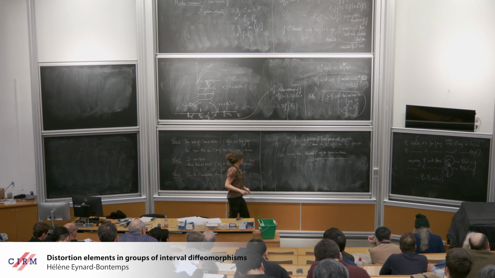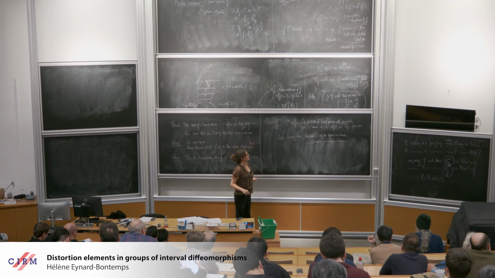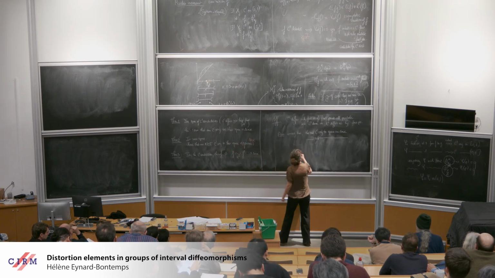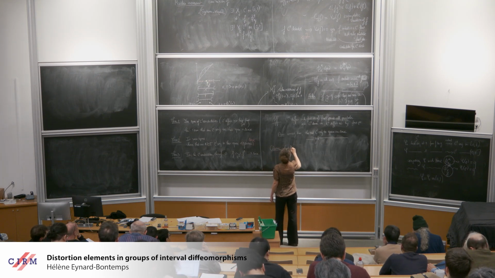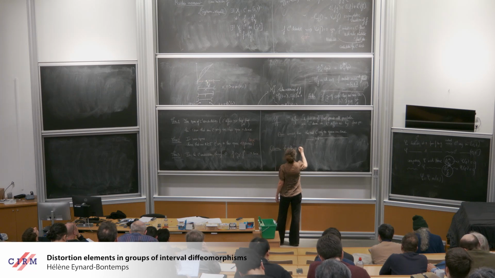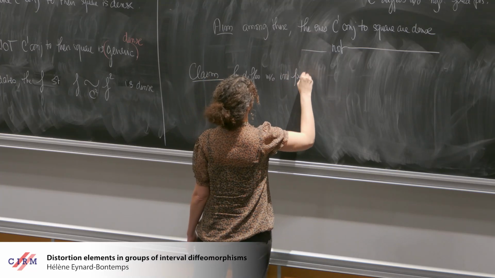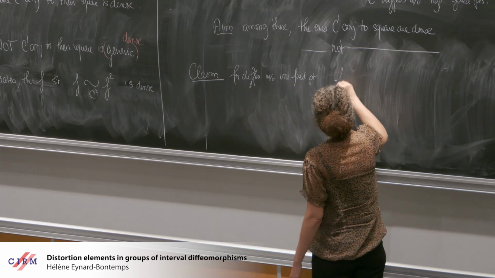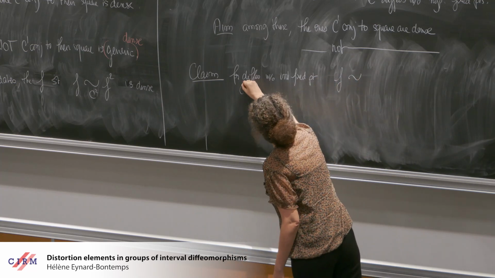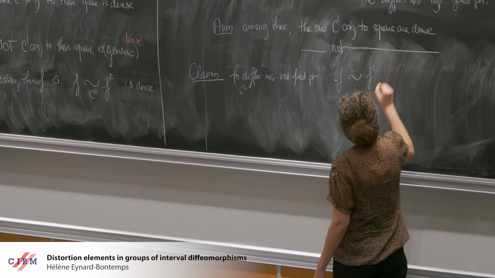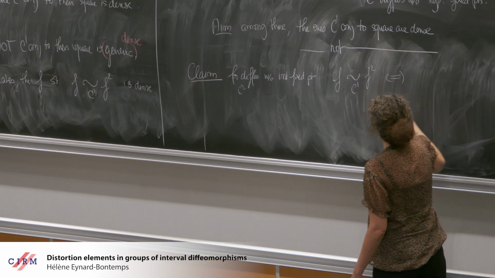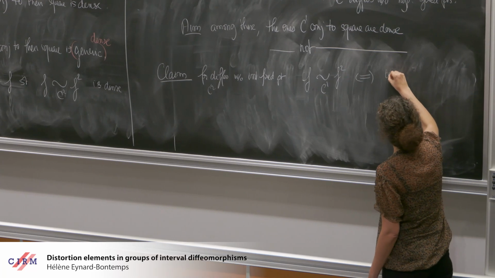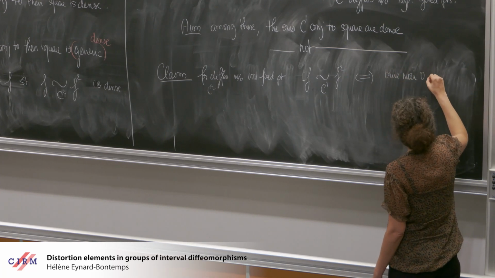Okay. So let me give an interpretation of this in terms of the matter invariant. So what does it mean? For a C2 diffeo without interior fixed point, I claim that it is C1 conjugated to its square if and only if, of course, this is true near 0 and 1.